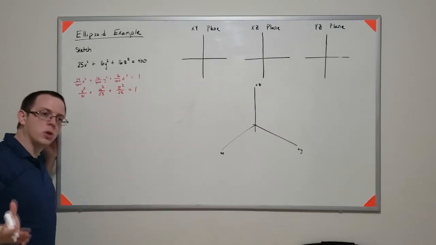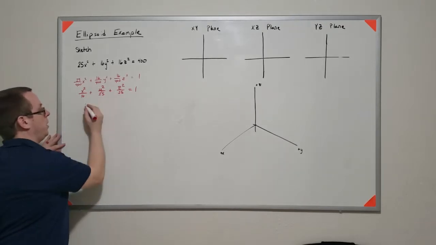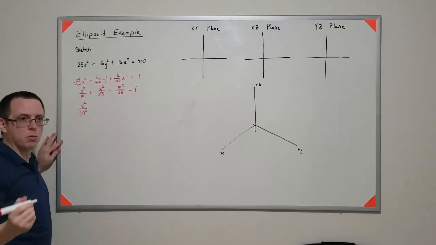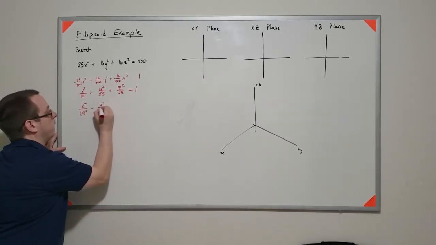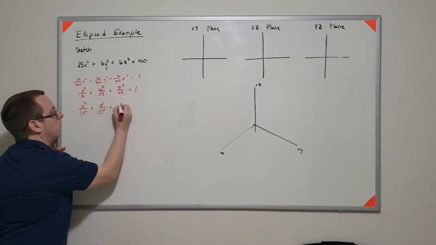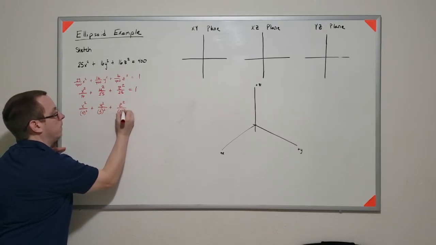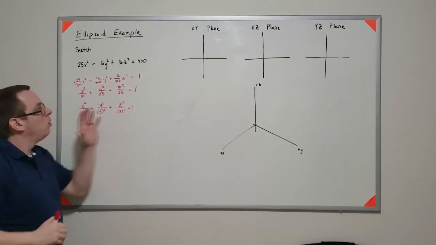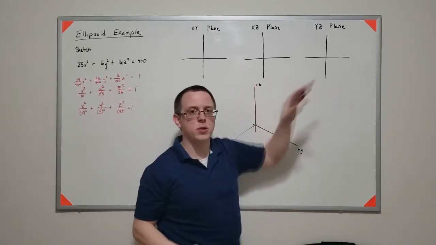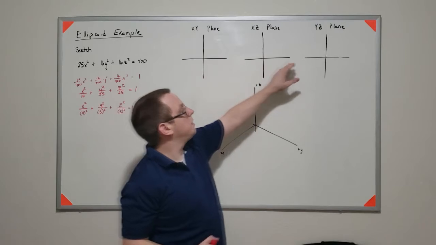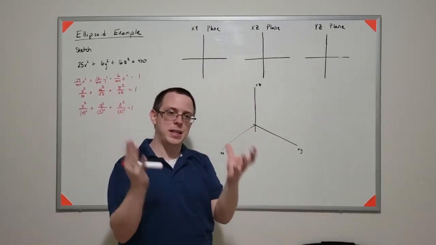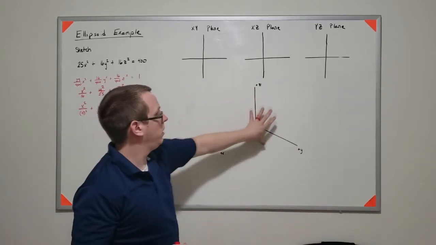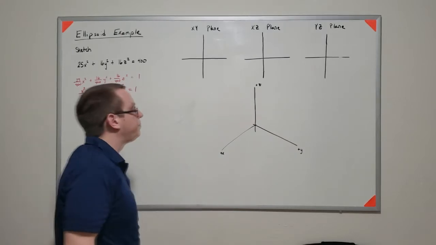So that's pretty close to looking like our standard equation, but remember, the equation requires that what's on the bottom be squared as well. So knowing that, we're going to sketch these cross sections on the XY, XZ, and YZ planes, and we're going to see if we can synthesize those plane sketches into something that we can see in a 3D graph.